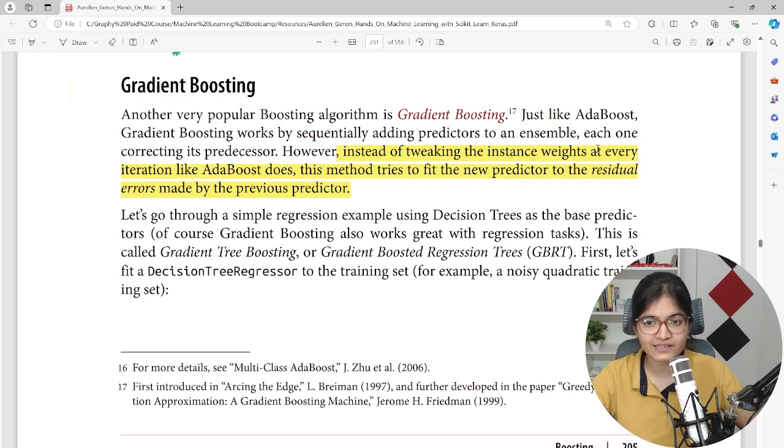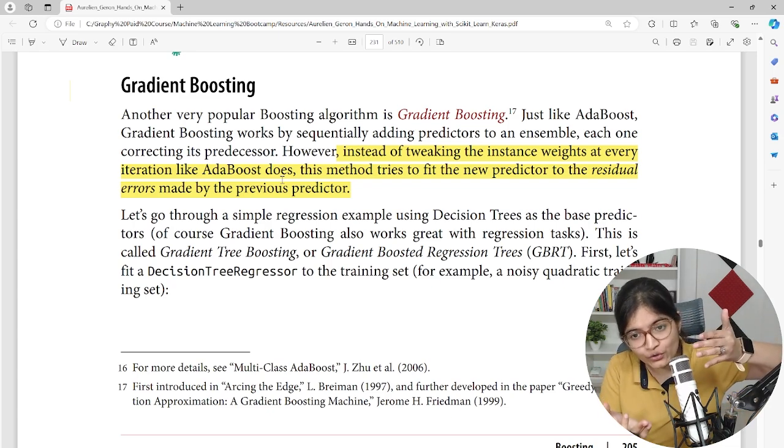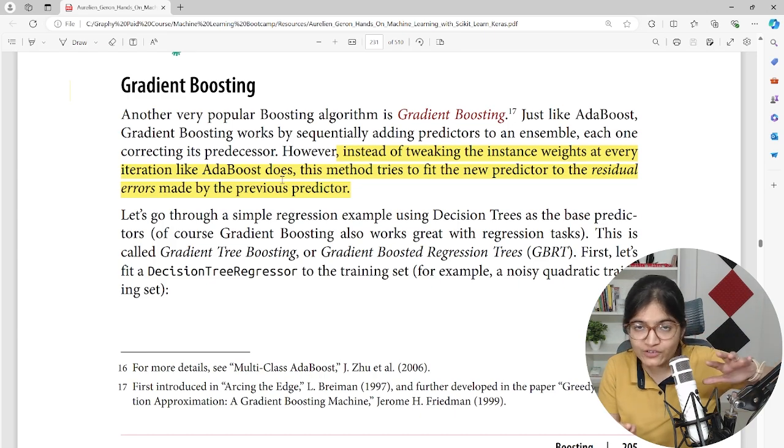Instead of tweaking the instance weights at every iteration like AdaBoost does, this method tries to fit the new predictor to the residual errors made by the previous predictor. This is one of the most important lines to understand: whenever you're creating a new model, the target prediction in that new model is the residual errors given by the previous model.